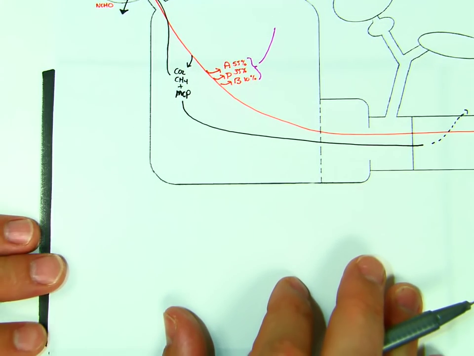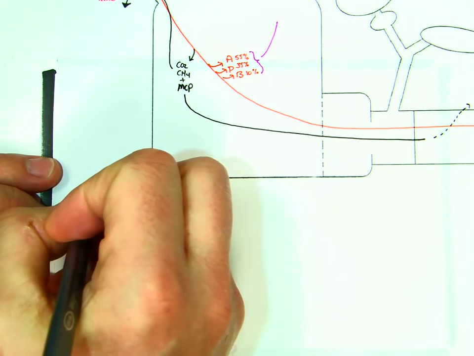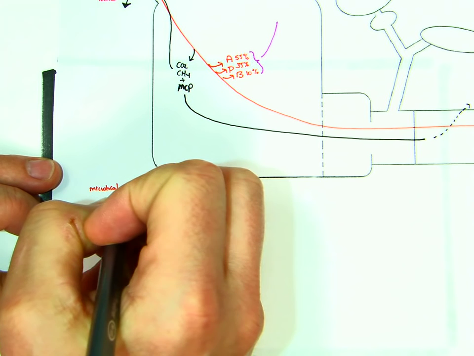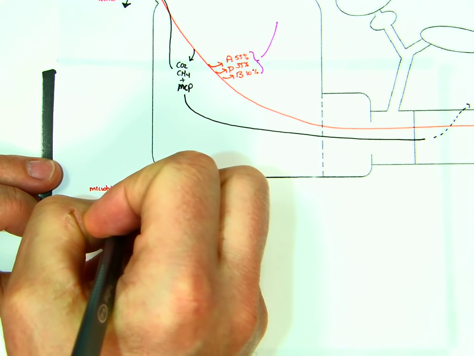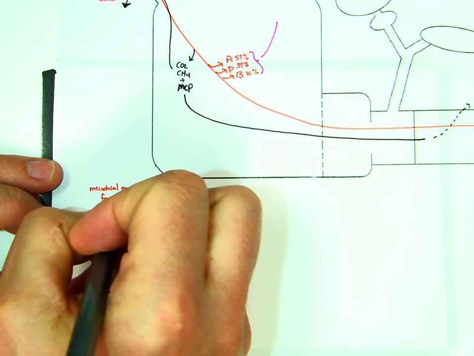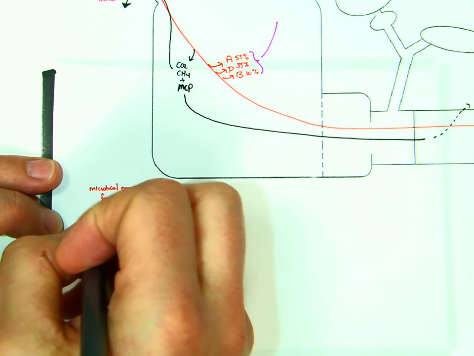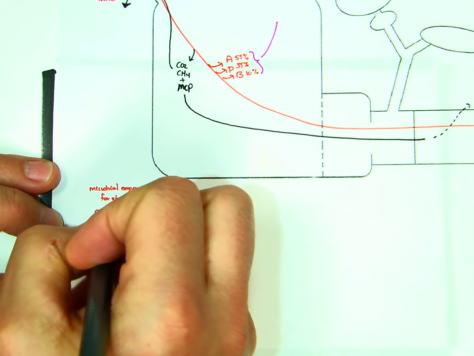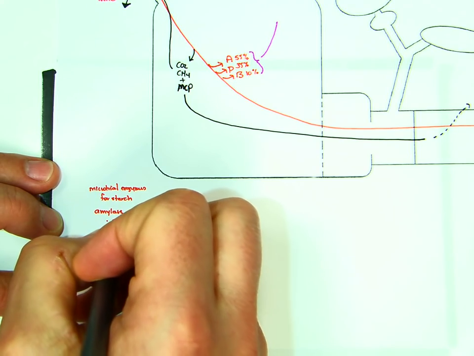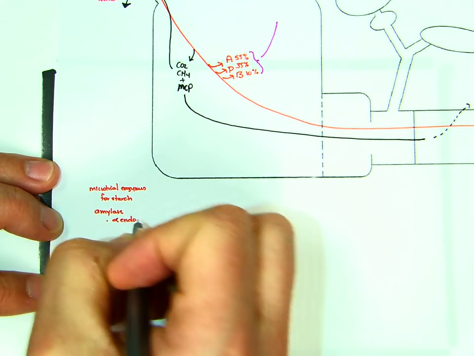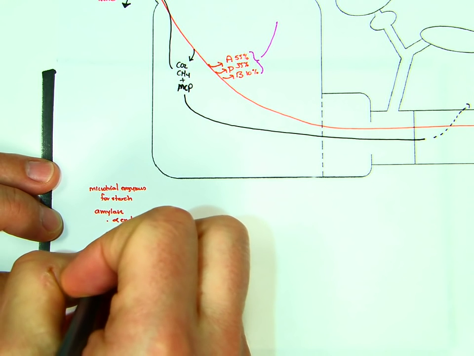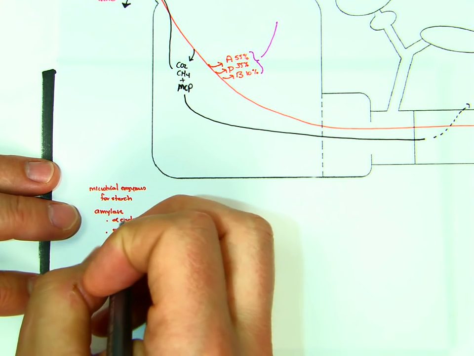Okay, down here we're going to write the microbial enzymes for starch. Those enzymes are amylase. And there are two: there's alpha, which is an endo enzyme, and there's beta, which is an exo enzyme.